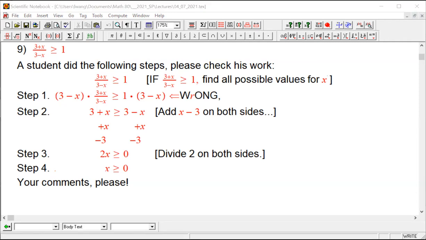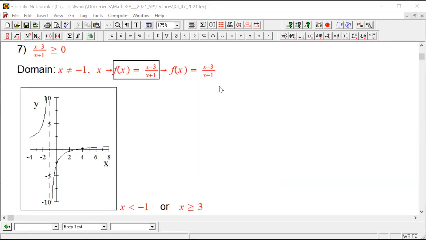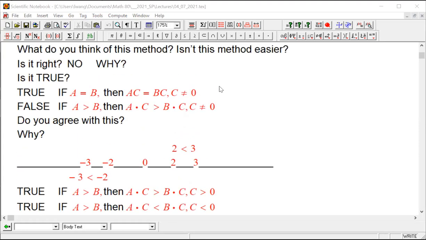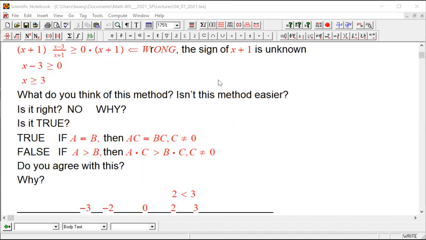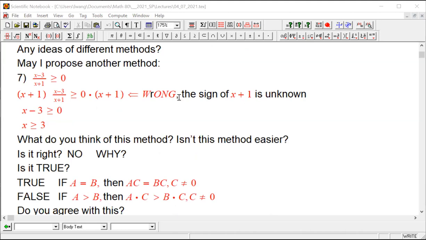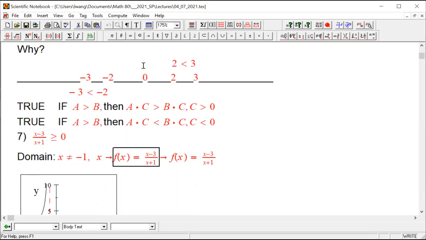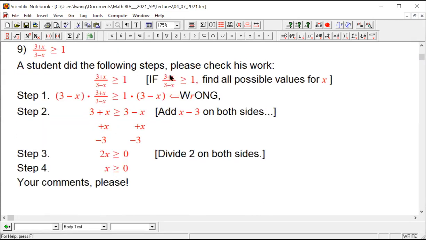Look at your notes. We don't know the sign of 3 minus x, isn't it? The sign of 3 minus x is unknown.